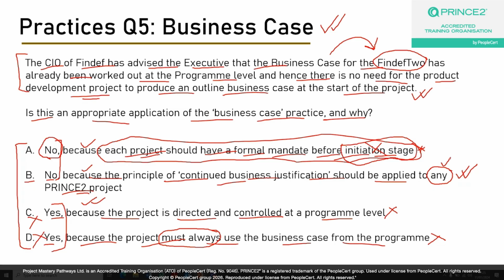The context of this superlative is perfectly correct. Any PRINCE2 project should have a definite continued business justification principle, and that principle should be the basic premise of why a PRINCE2 project needs an outline business case, regardless of whether a business case exists for the program or not. So the correct answer to this question is option B.